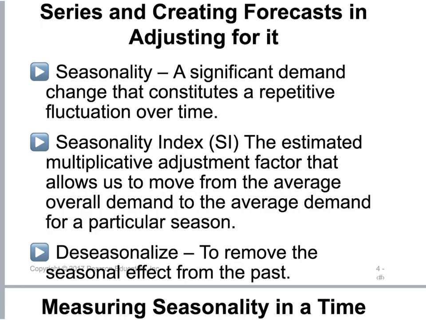It's a significant demand change that constitutes a repetitive fluctuation over time. The seasonal index is the estimated multiplicative factor that allows us to move from the average overall demand to the demand for the particular season. Deseasonalizing an actual removes the seasonal impact from the past.